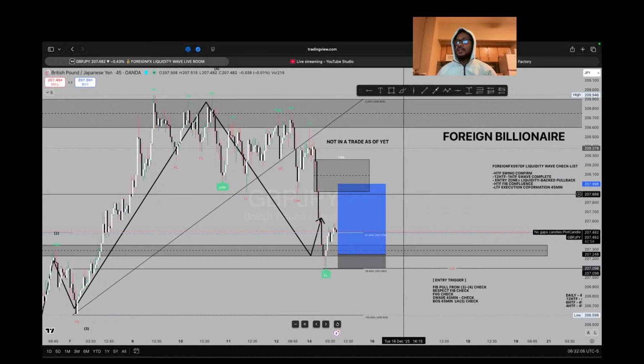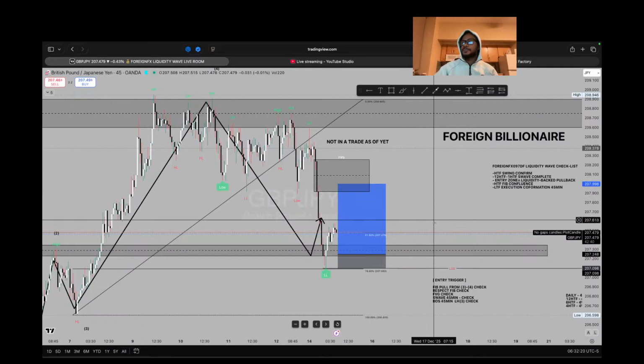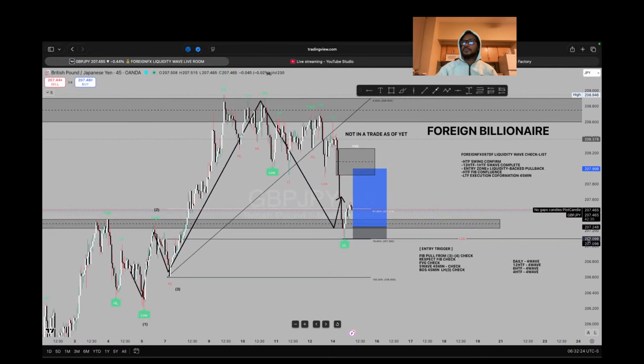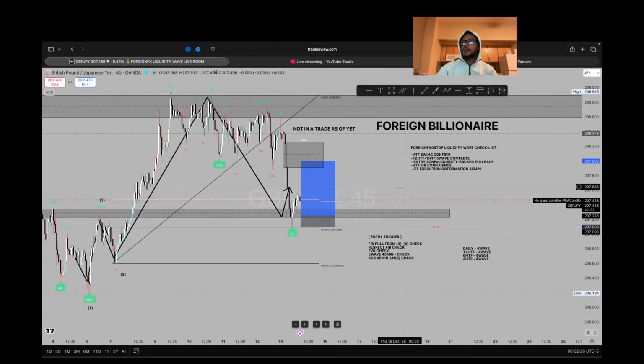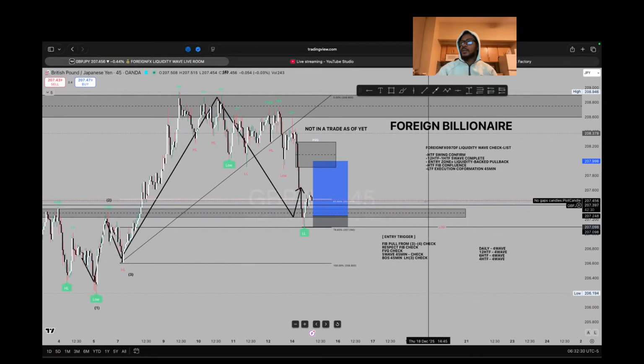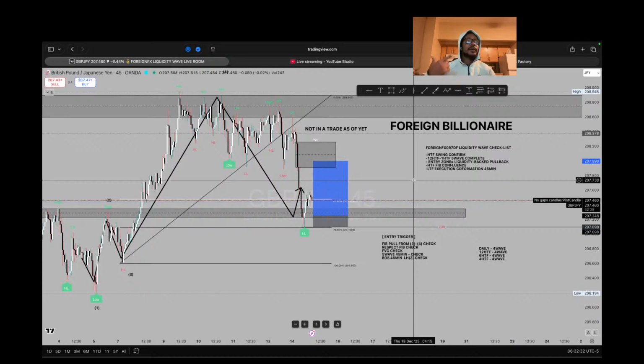Now, if I had entered, I would have got cooked. So you could have all your confluence, and just because you break your rule, not because you're wrong, but not patient enough, you get cooked.